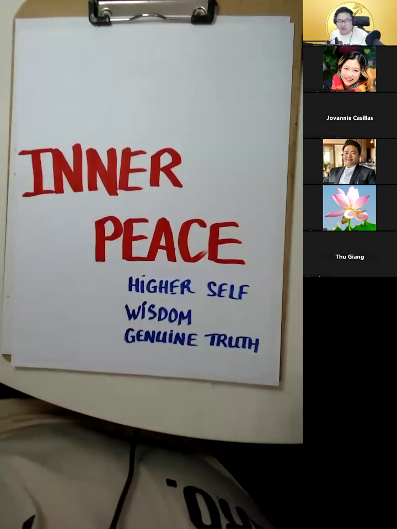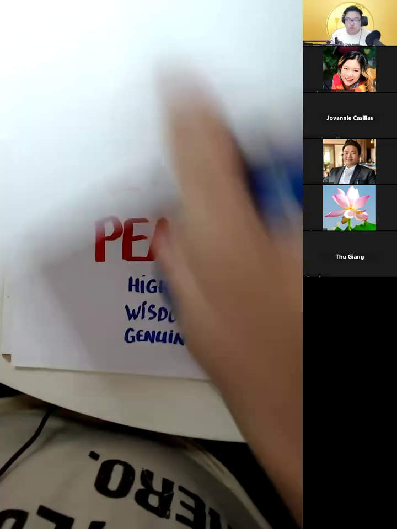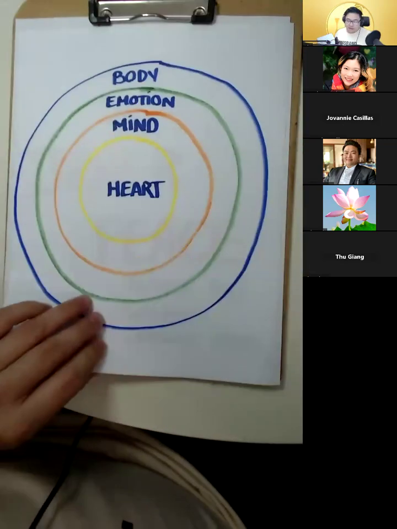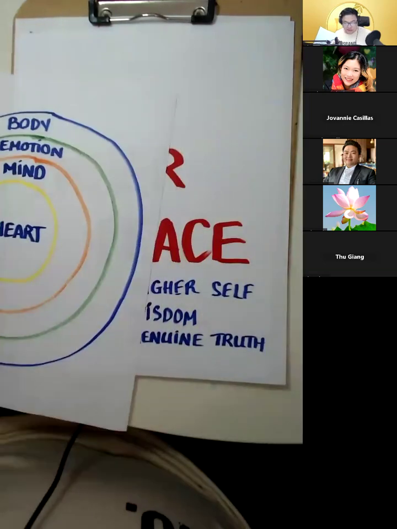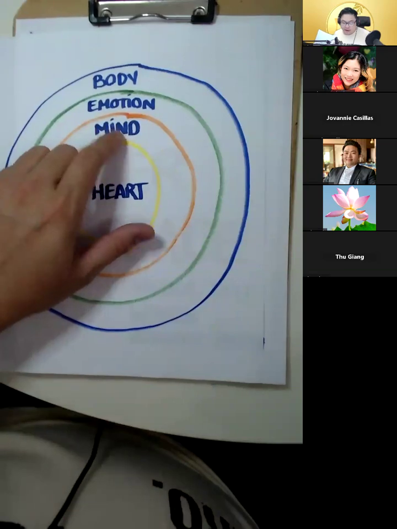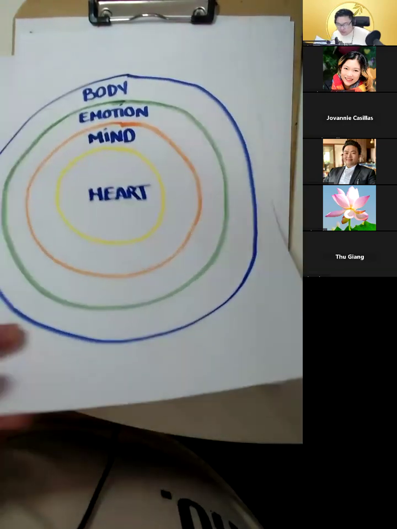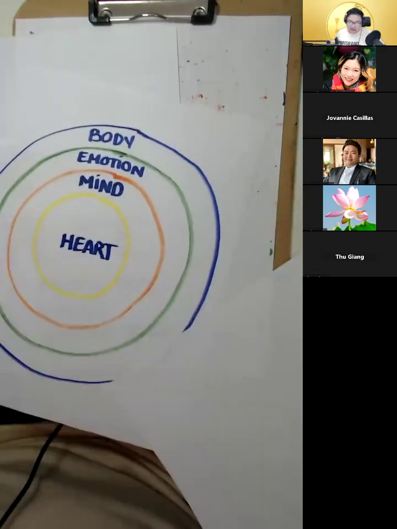While waiting, I'm gonna go ahead and start a new drawing based on the heart, mind, emotion, and body. For the mind, we can actually call it the ego as well. So let me just go ahead and change that in the next drawing.